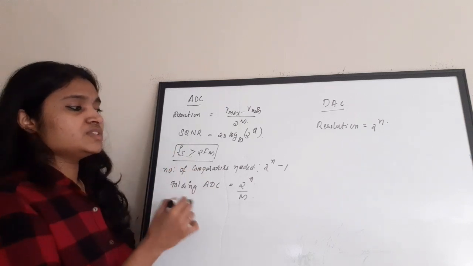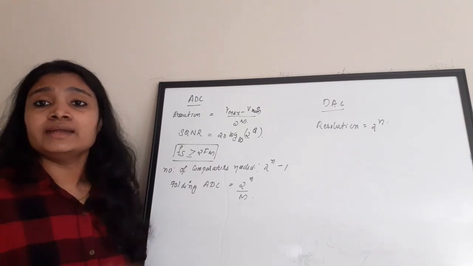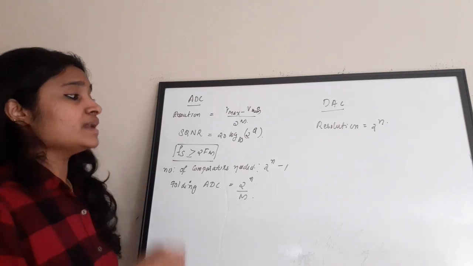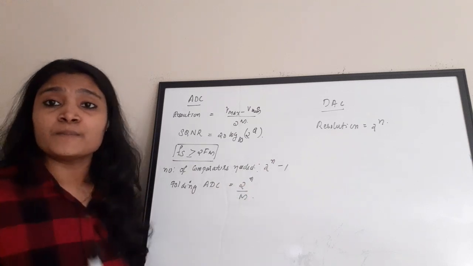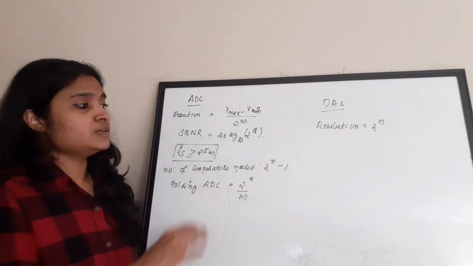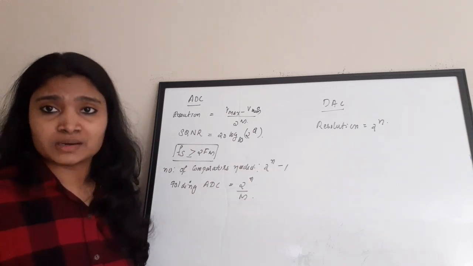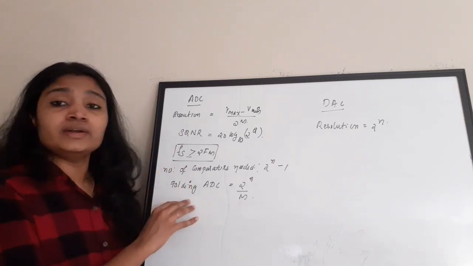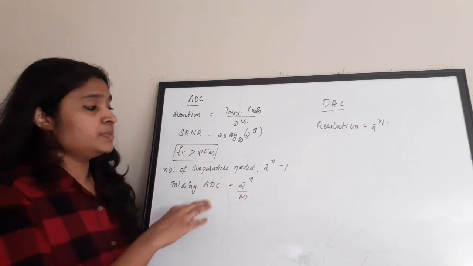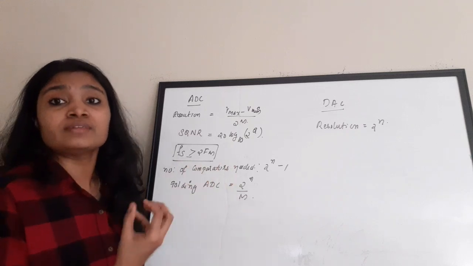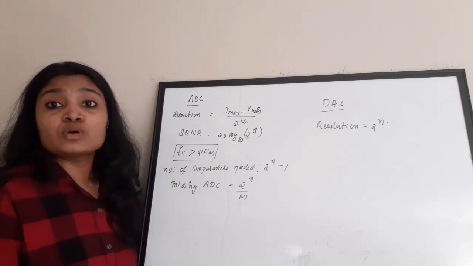Now another important thing which I have seen in the question papers is regarding the number of comparators required for ADCs. In the case of flash ADCs and normal ADCs, the number of comparators required is 2 raised to n minus 1, where n is the number of bits of an ADC. But for a folding type of ADC or a folding flash ADC, the number of comparators can actually be reduced to 2 raised to n by m, where m is the number of foldings.